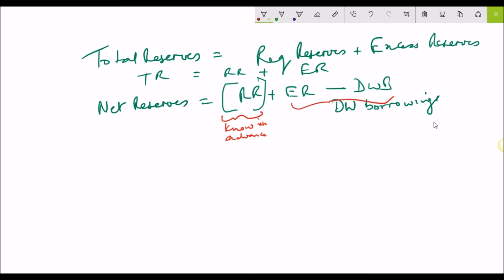Subtracting the discount window borrowings from the total reserves demanded, the Federal Reserve Bank would get the net reserves. The net reserves is equal to the required reserves plus the excess reserves minus the discount window borrowing.